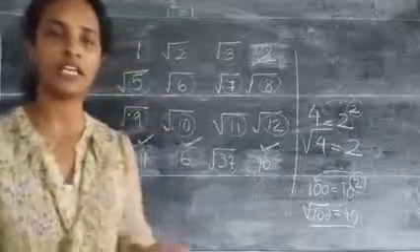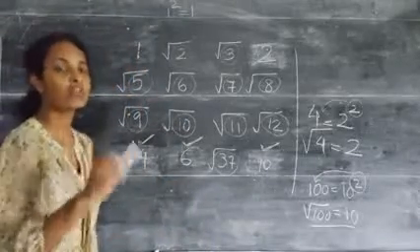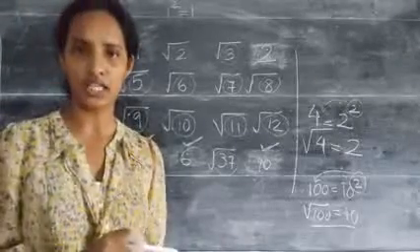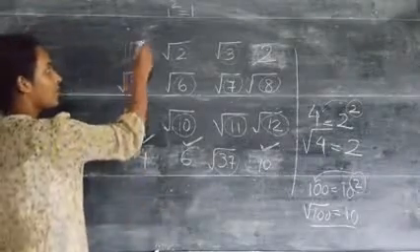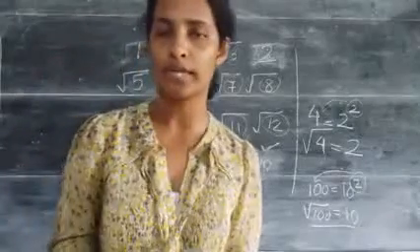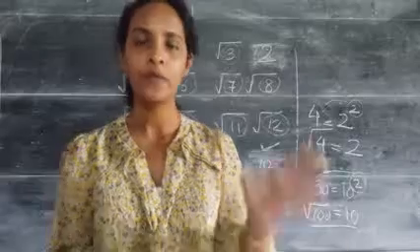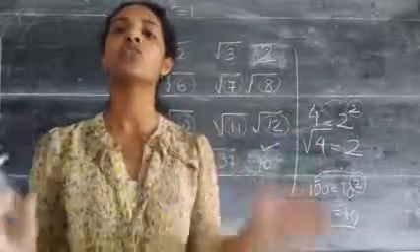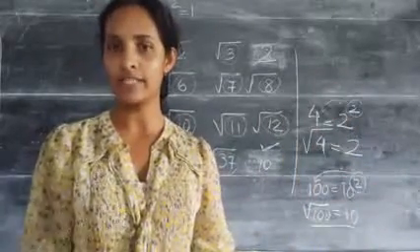Now look here, very carefully look here. All those numbers which are perfect squares are rational numbers, and their square roots are all rational numbers. What did I say? Making it clearer. All the numbers which are perfect squares, if you take their square root, you will get a rational number. That means the opposite of it is what?